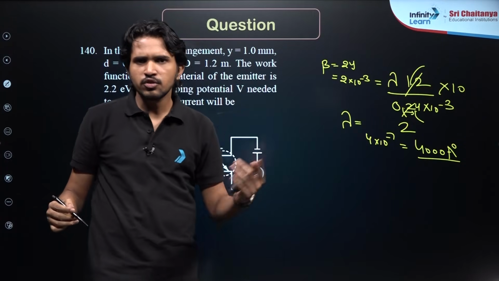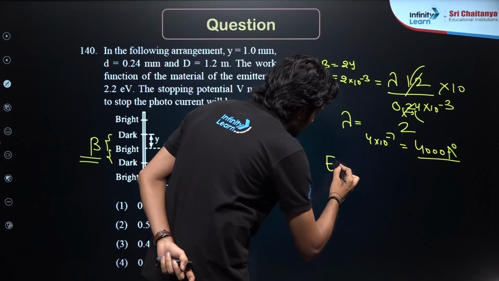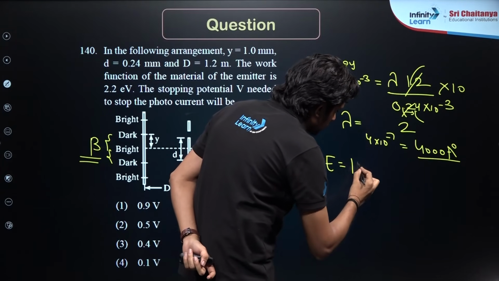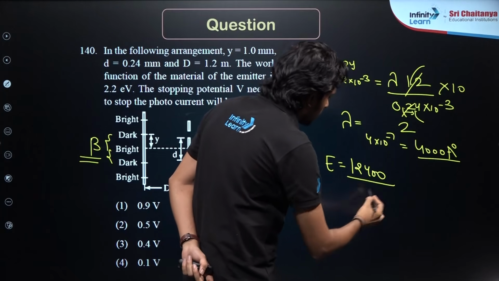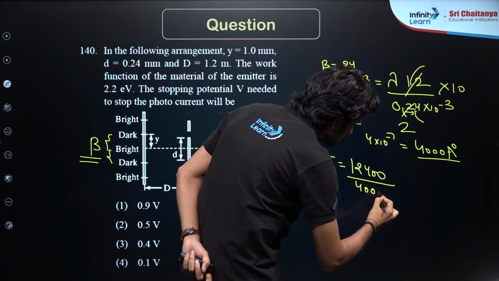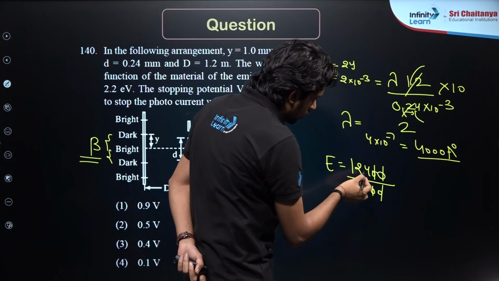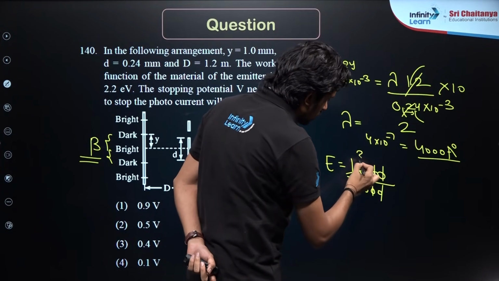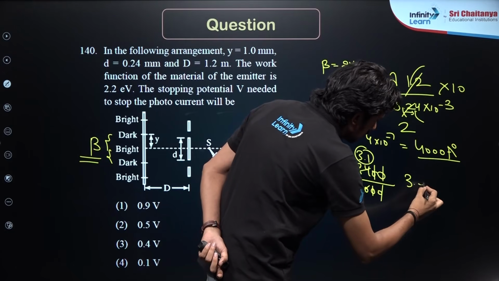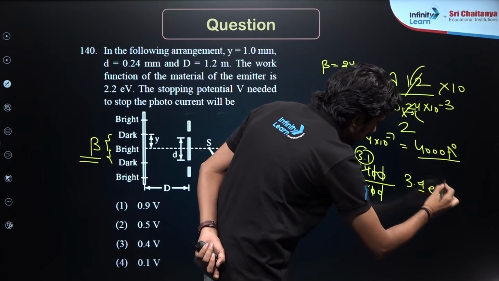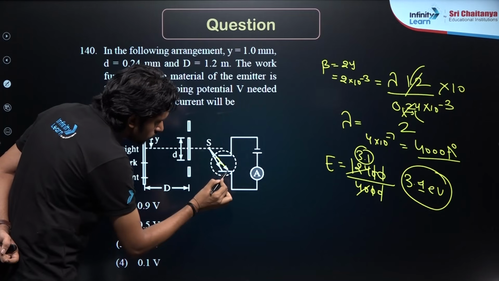Now the energy associated with this wavelength will be 12400 by lambda in angstrom. You know the formula. The zeros cancel out, 4 3s are 12, 4 1s are 4, so 3.1 electron volt. So that is the energy associated with this wavelength.